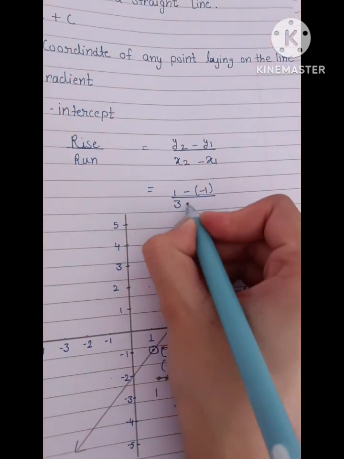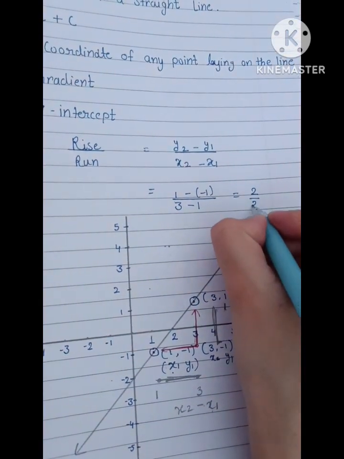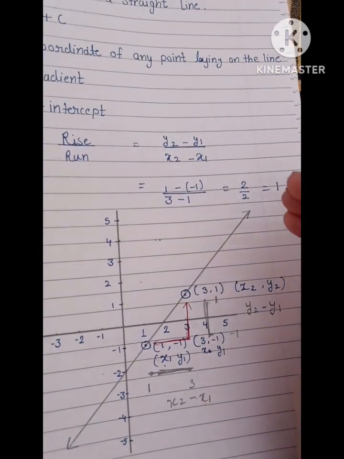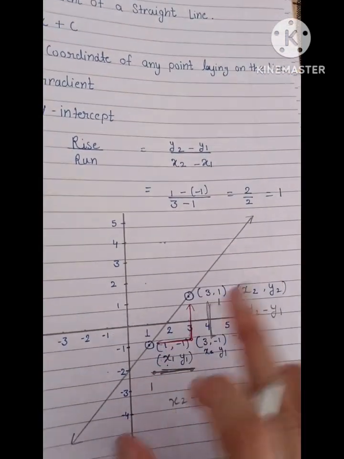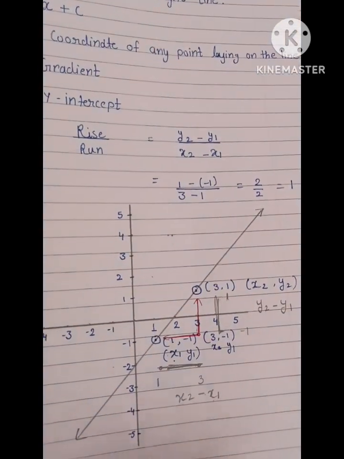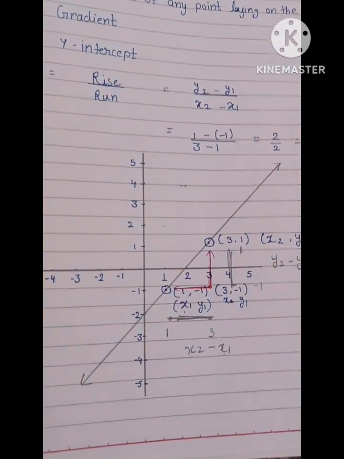So 3 minus 1, which gives you 2 upon 2, that is 1. So the gradient of this line is 1. The value of m here is 1. Now if you take any other 2 points, would you get the same answer? Let's check.